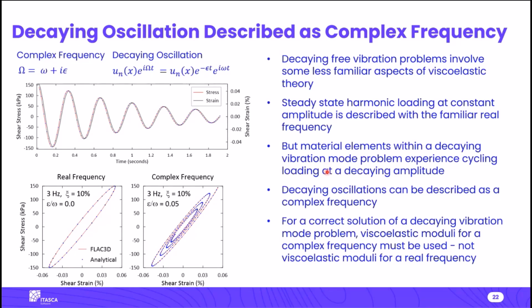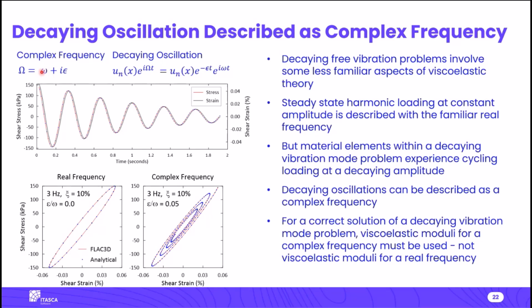But material elements within a decaying vibration mode problem experience cyclic loading at a decaying amplitude. As you see, this is the time history at a particular point in one of these decaying vibration mode problems. So it's not experiencing constant steady state harmonic loading. It's experiencing harmonic loading at a decaying amplitude. And these can be decaying oscillations. They can be described with a complex frequency.